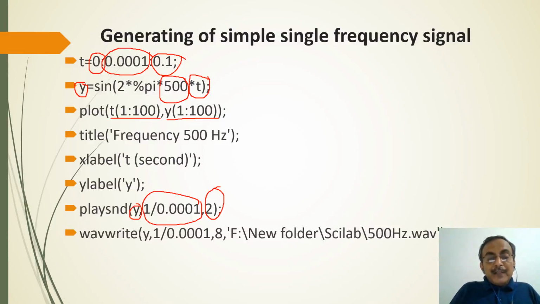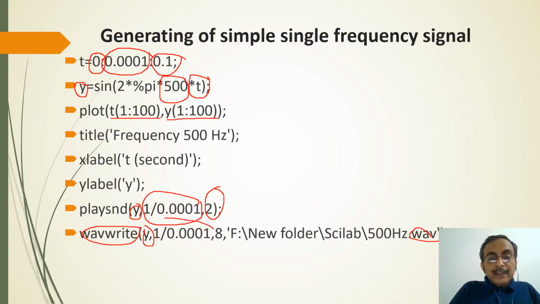Now we can also write the signal y which is being generated into a file, where we have to use the command wavwrite. That means this will write the signal in a wave format, which is important, as shown over here. The sample values are y.